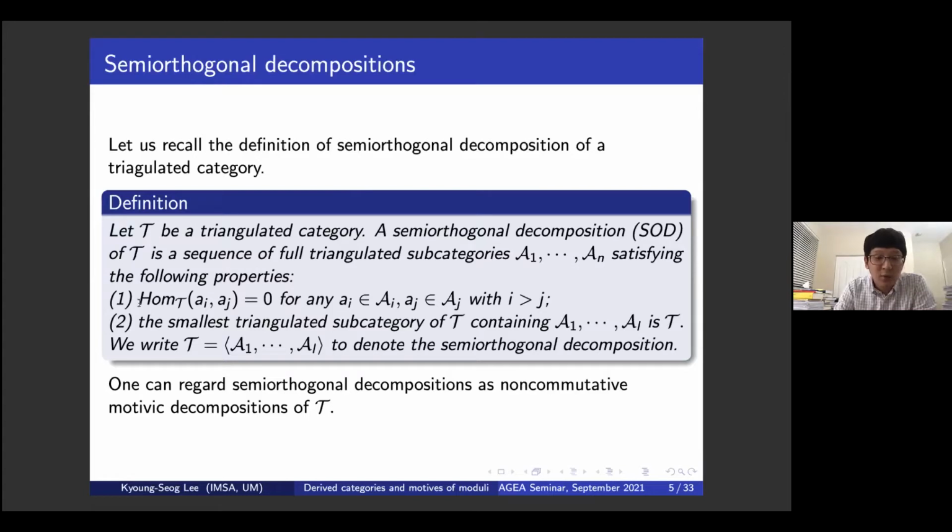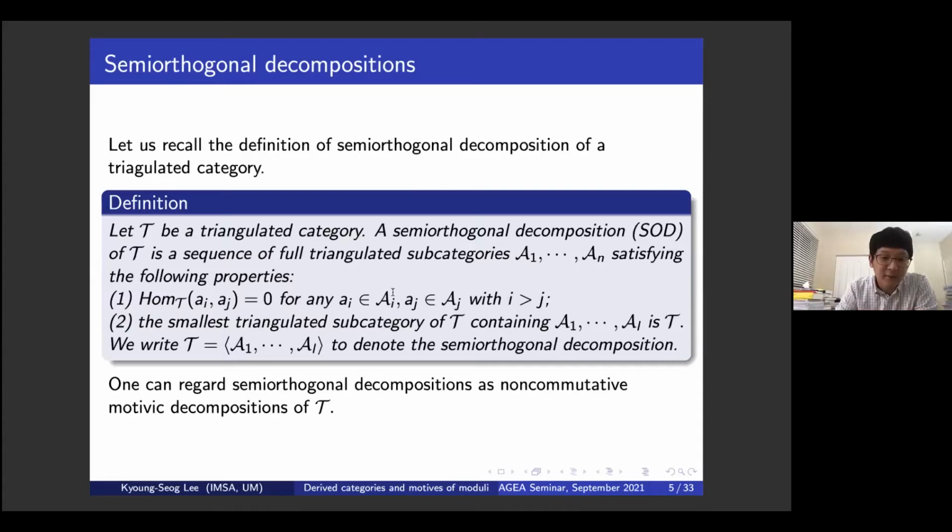First, there is no Hom from back to front. There is no Hom from small a_i to small a_j, for any small a_i belonging to large A_i, and small a_j belonging to large A_j, when i is greater than j. So when I consider this sequence, there is no Hom from back to front.